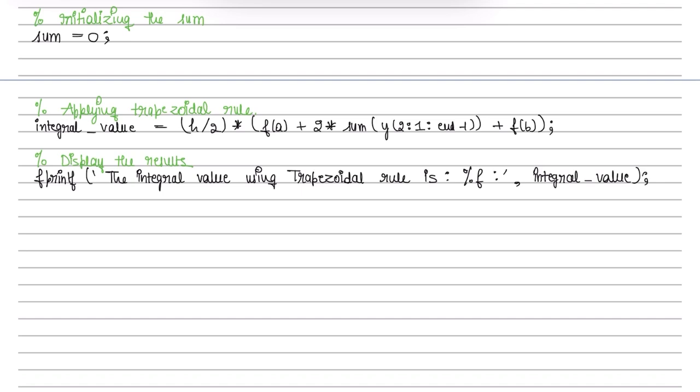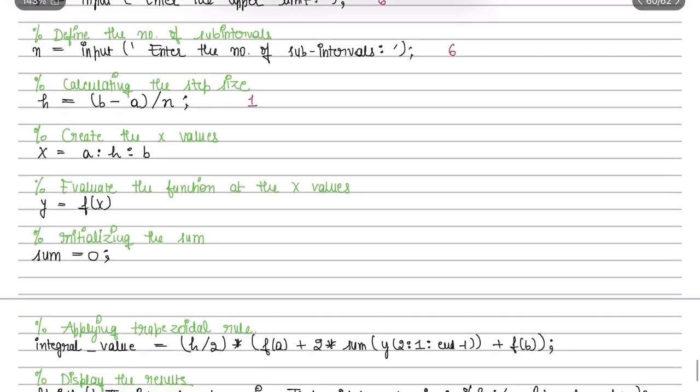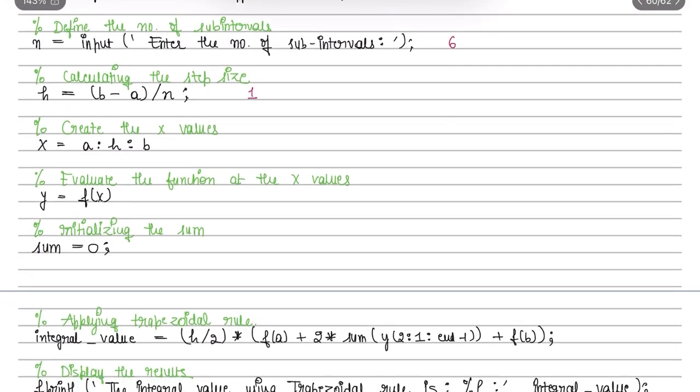Let us try to understand this code. Firstly, we have inputted the value of f, a and b, and after giving the value of n as 6, the value of h has been calculated as 1. Now to create the values of x, we have 0, 1, 2, 3, 4, 5 and 6.